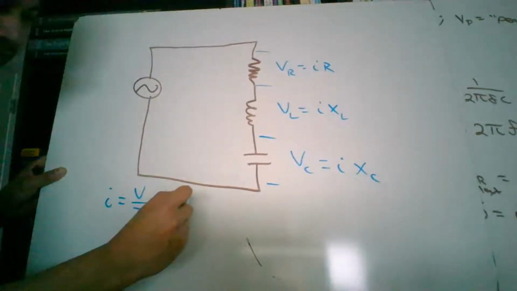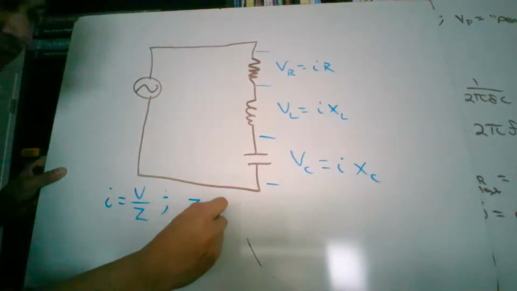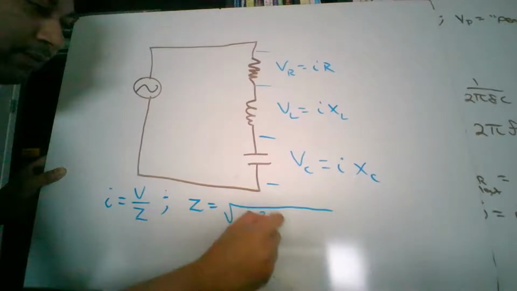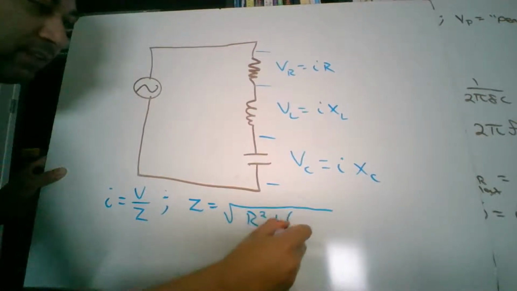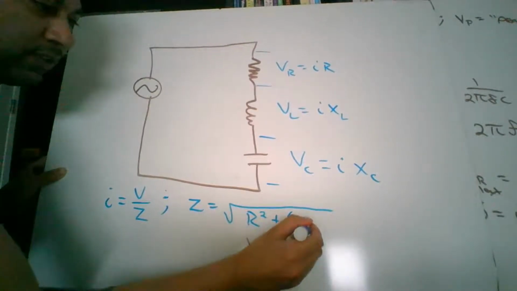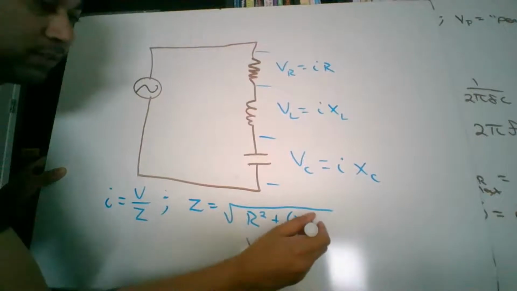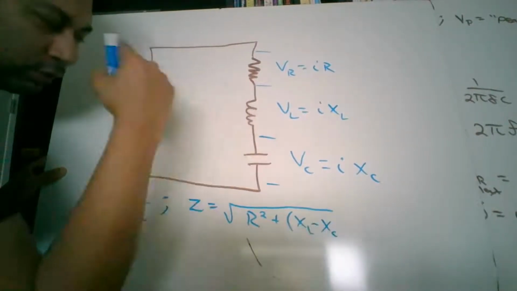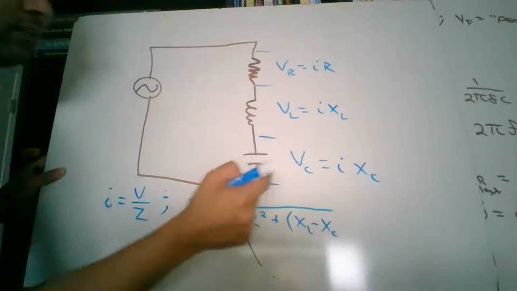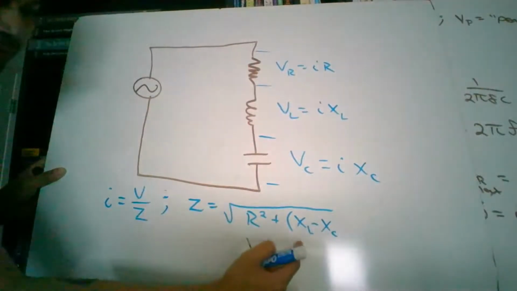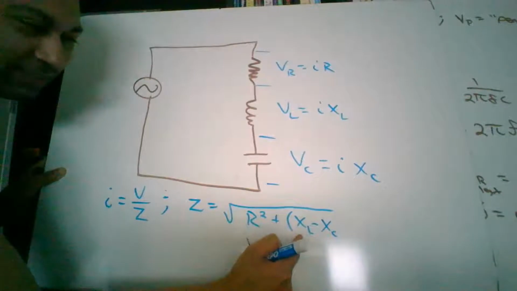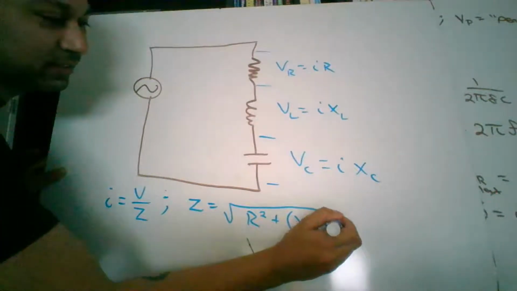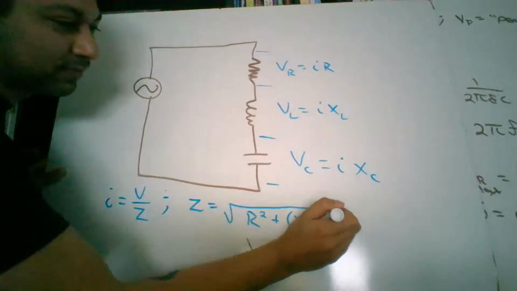The impedance, Z, is going to equal the square root of R squared plus the inductive reactance minus the capacitive reactance, squared.